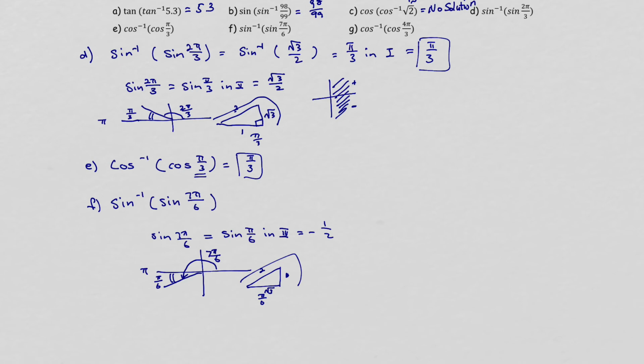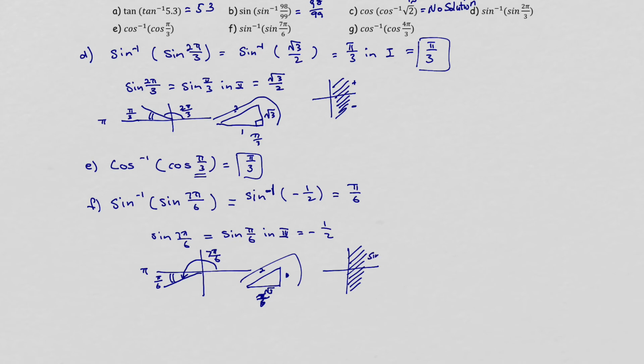So that means you're going to now find sine inverse of negative 1/2. Well, 1/2 sine is always pi over 6, right? So that will be pi over 6. In which quadrant? Remember, when we're talking about inverse, your domain is going to be negative pi over 2 to pi over 2, which is first quadrant or fourth quadrant.